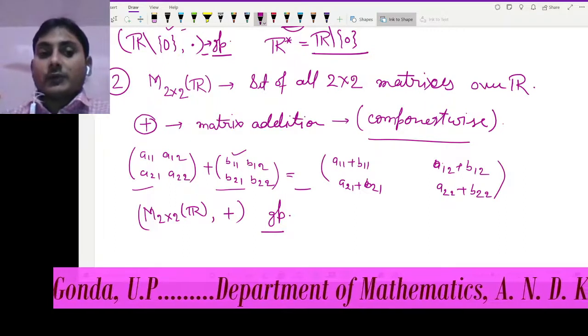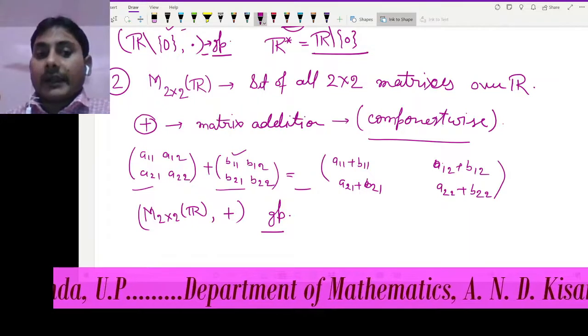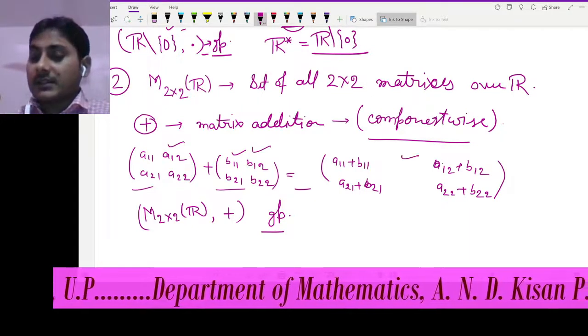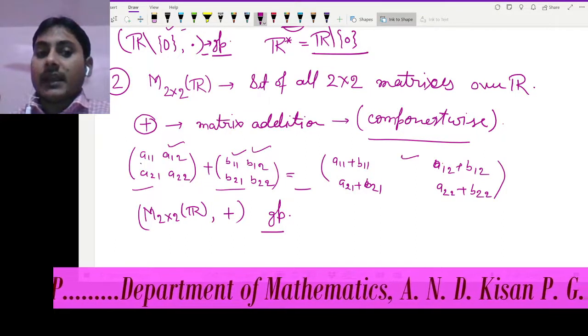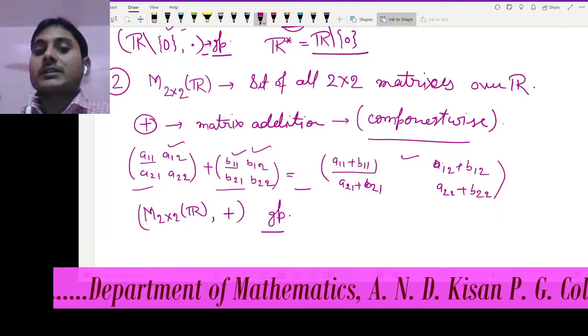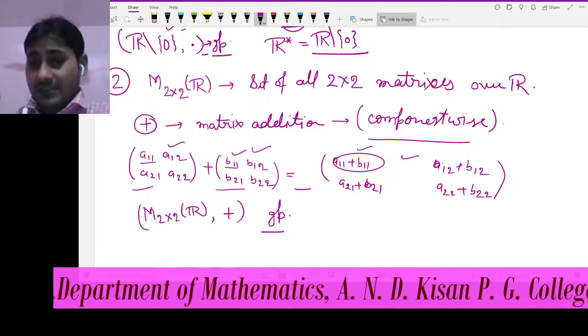First property, which is a closure property, can be seen from here. You are adding this matrix with this matrix and you are getting this one. This is again a 2 by 2 matrix, and because entry A11 is real and B11 is real, the sum of two real entries is real.